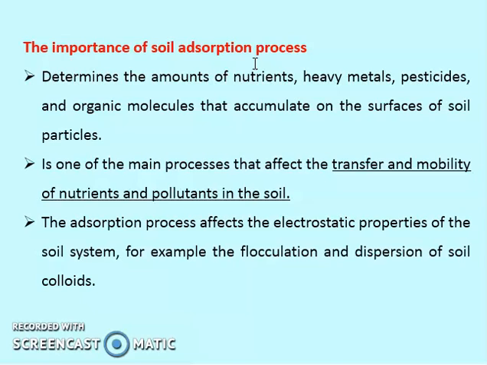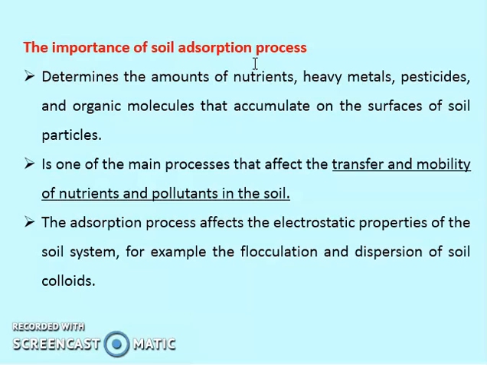So, for example, we put biochar or soil clay, some type of soil or minerals like zeolite, into the wastewater, or put the wastewater through a column containing pesticide, a column containing clay minerals like zeolite. Then we let the wastewater pass through the column.